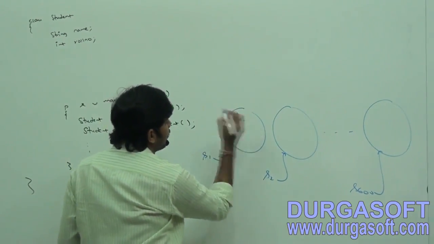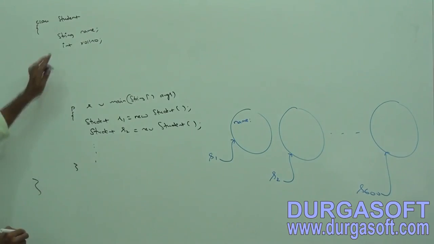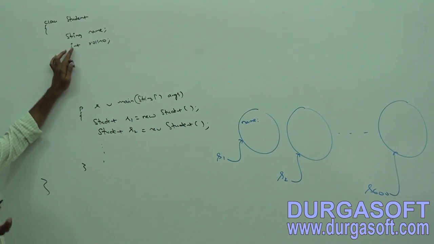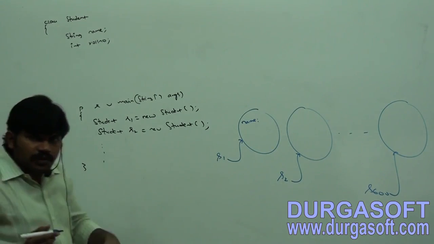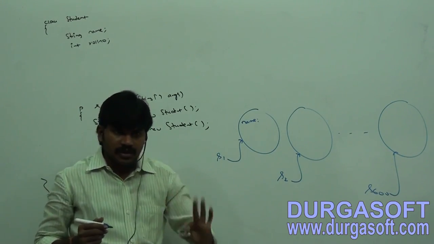For every student, a separate copy of the instance variables will be created. You know, an instance variable is always part of the object. For every object, a separate copy is created by default.